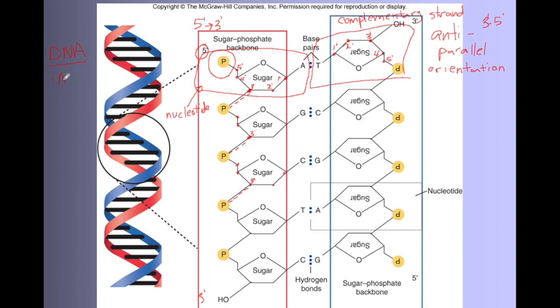That would be adenine, thymine, cytosine, and guanine. This is where you get your A, T, C, and G.